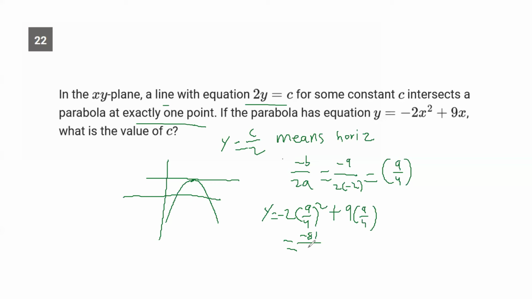So it's going to be negative 81 over 4 squared gets you 16, and then 2/16, right?